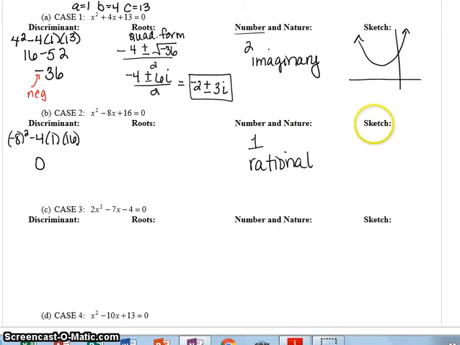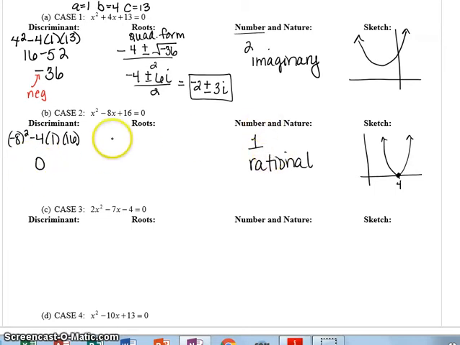Why is there 1? If you graph this, it is tangent at 4. So you end up with it looking like this. Okay, it's tangent to the x-axis. So that's why there's only 1 rational. So every time it's 0, there's 1 rational.